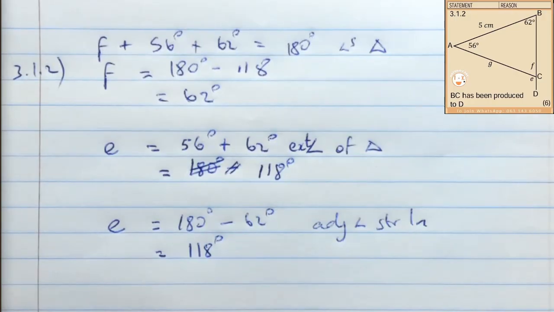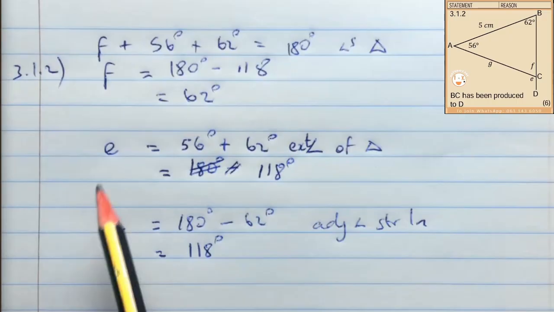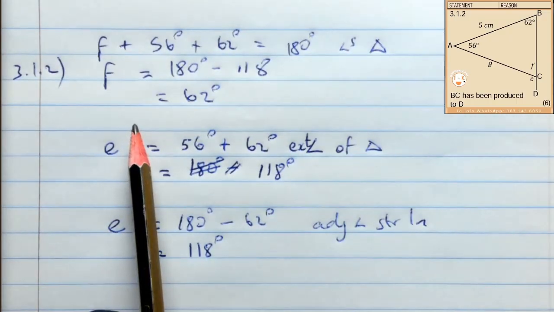Then what about G? This is where you start thinking now. This is where you start thinking. Pythagoras is not going to work here because this triangle doesn't have a 90 degrees. Okay. So what has happened? You have F is 62.